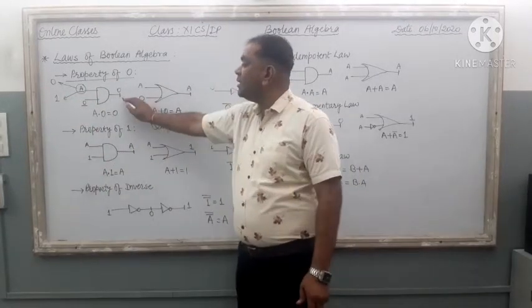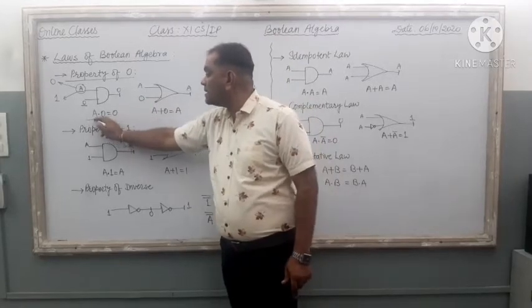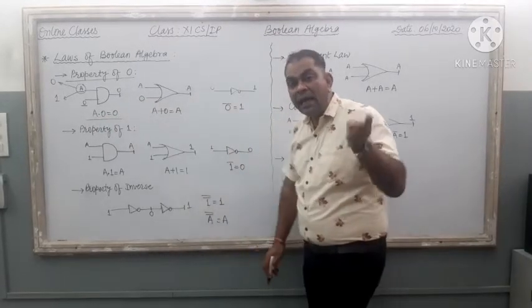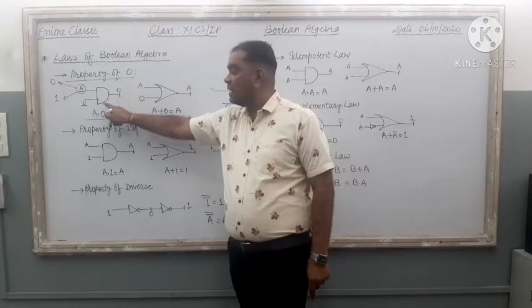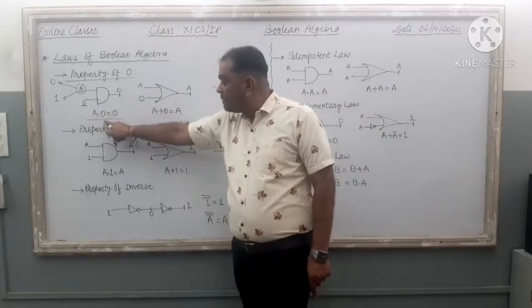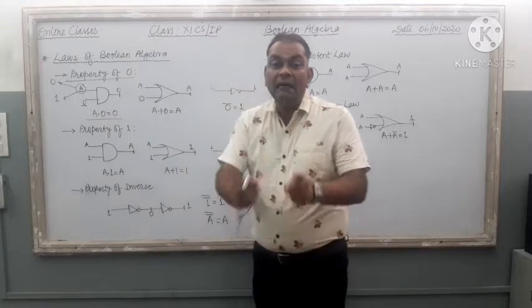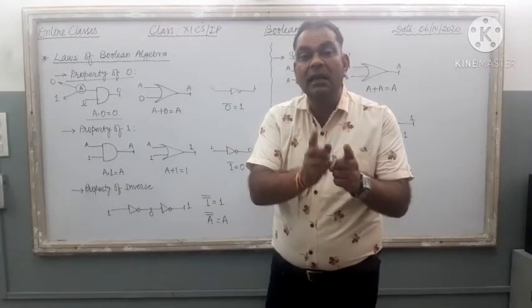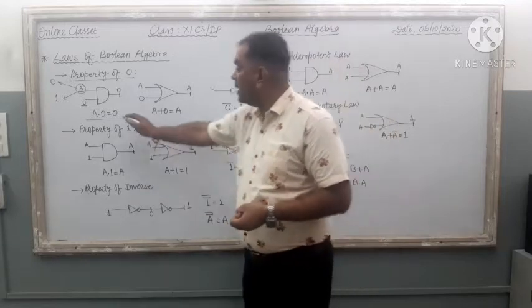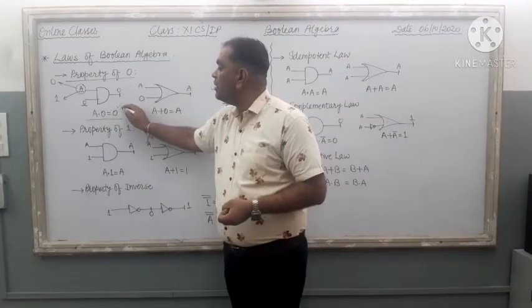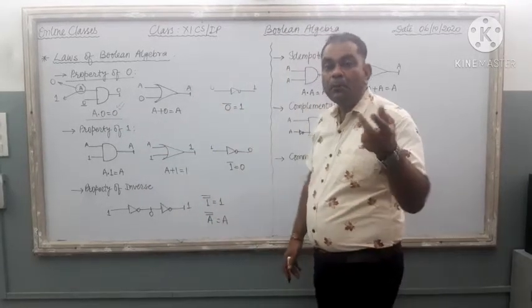The result is 0 only. It is binary multiplication. So we can say A dot 0, because it is AND gate. Right? First input is A, second input is 0. When any one of input signal is 0, the result is 0 automatically in the AND gate. So here A dot 0 equal to 0, it is known as the property of 0.